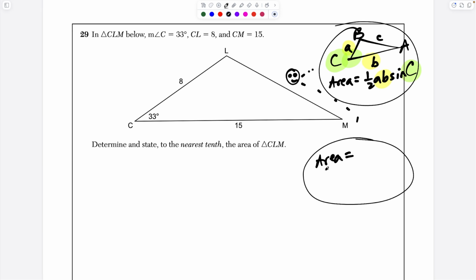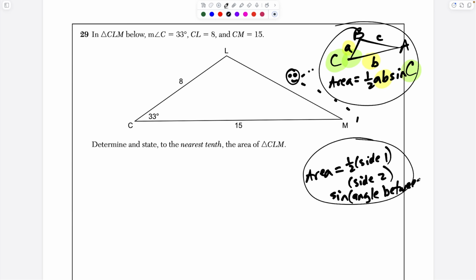I say the area equals 1/2 times side 1, times side 2, times sine of the angle between.